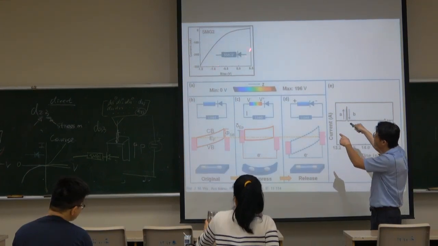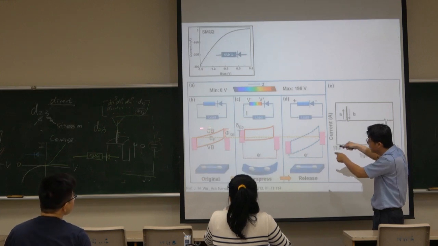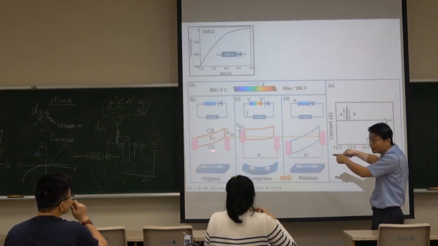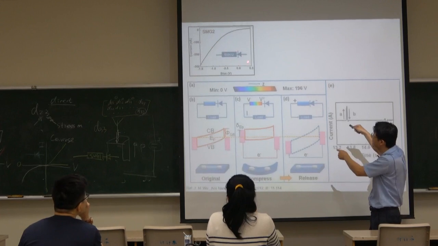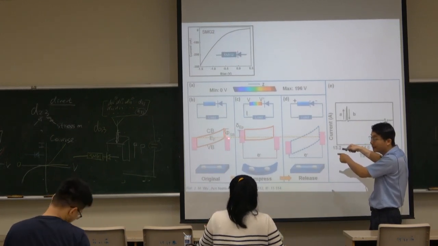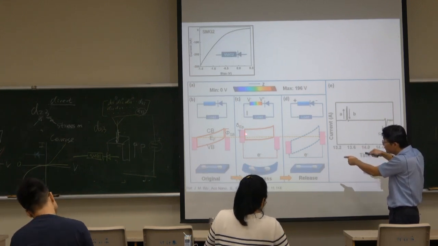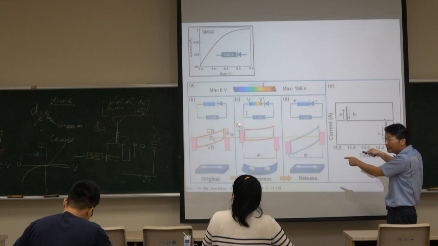Because there is a one-side Schottky barrier, you can plot the band structure like this. With the one-side Schottky behavior, you have the Schottky barrier height established on one side. Once I apply compression, it creates the piezo potential on the single side.